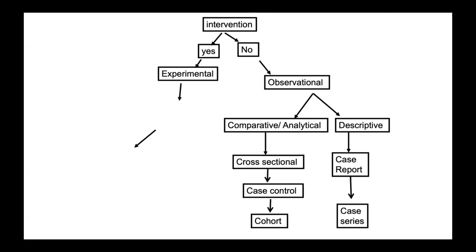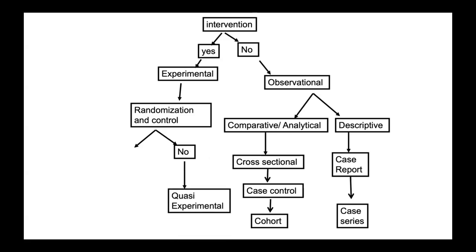On the other hand, when it is experimental, when it is animal, it is called animal study. When it is human, it is randomized control. Randomized control once again, if there is quasi, there is control or not control, one parameter missing, that is quasi, or if this is yes, then it is called the randomized.